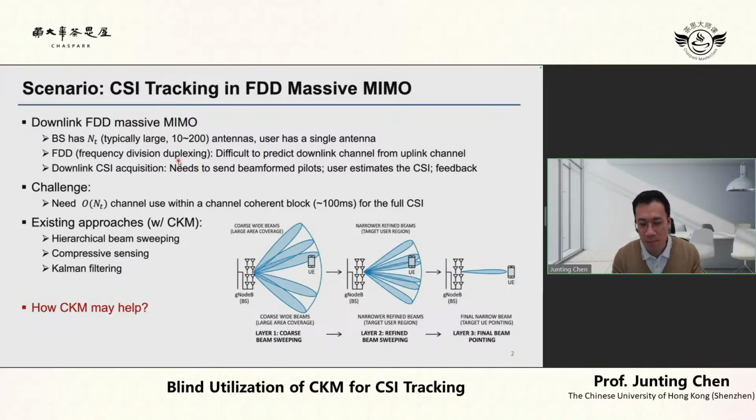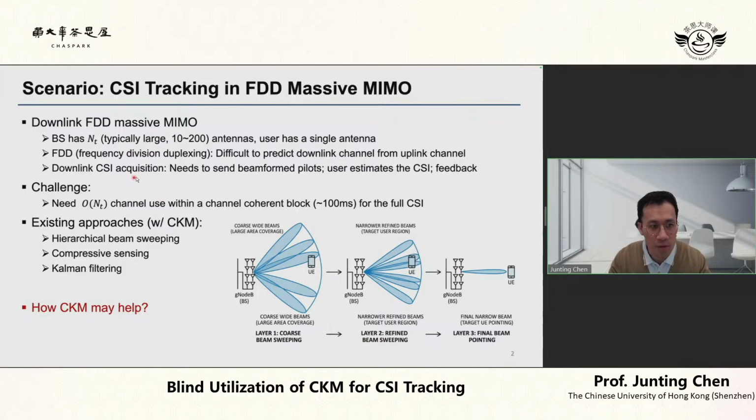That means we use two frequency bands, typically far apart, for uplink and downlink transmission individually. With that, we usually need a different approach for channel estimation. For downlink channel estimation, the base station sends out some beamformed pilots to the user, and the user estimates the channel and then feeds back the channel state information to the base station. This is the typical channel estimation mechanism in the FDD system.